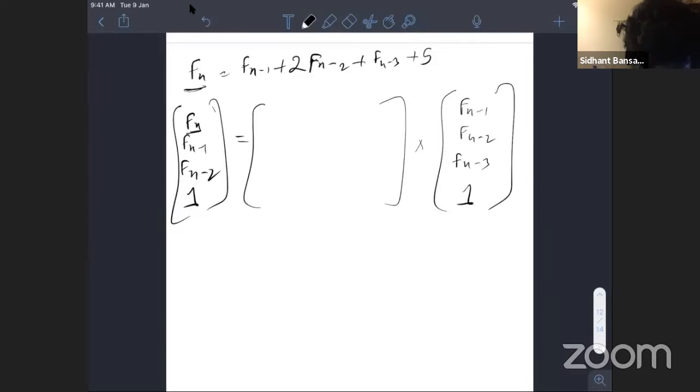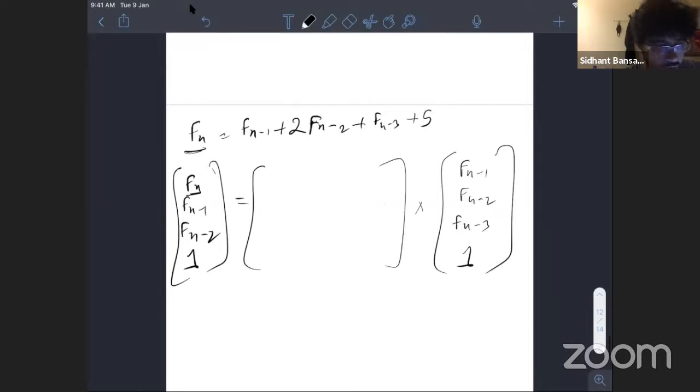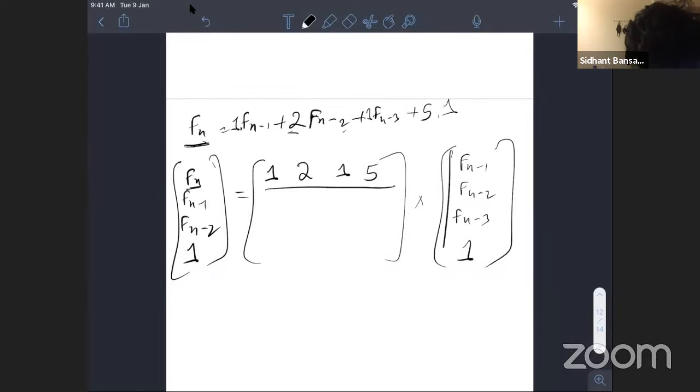I'm going through this pretty fast, but just try to get the hang of this. So Fn is equal to 1 times Fn minus 1, so 1, 2 times Fn minus 2, 2, 1 times Fn minus 3, so 1, and 5 times 1, so 5. Notice this times this is actually giving you Fn, which is correct. The next thing, Fn minus 1 is going to be 1, 0, 0, 0, because 1 times Fn minus 1 plus 0, 0, 0, 0.